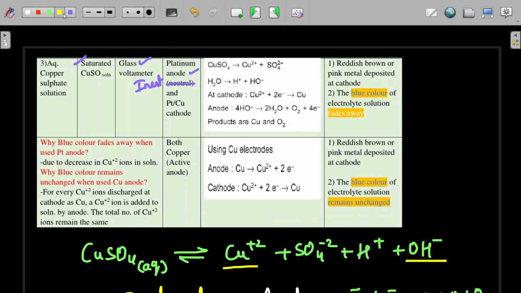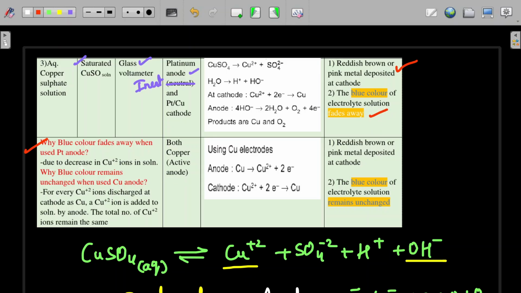In the first case, that is when you use inert anode, reddish brown or pink metal deposited at cathode. Cathode observation will not change. Copper metal depositing, so you have to write reddish brown or pink metal for copper. Second one, for the color of the electrolyte, the blue color of the electrolyte solution fades away.